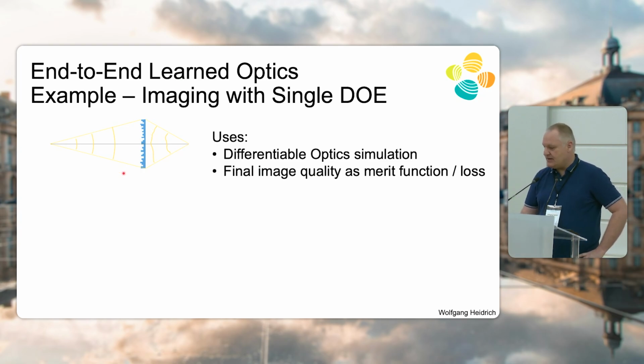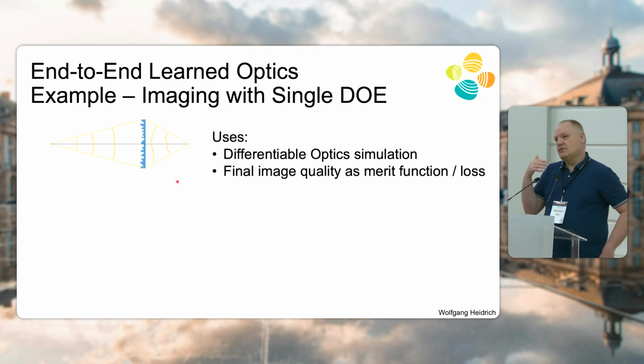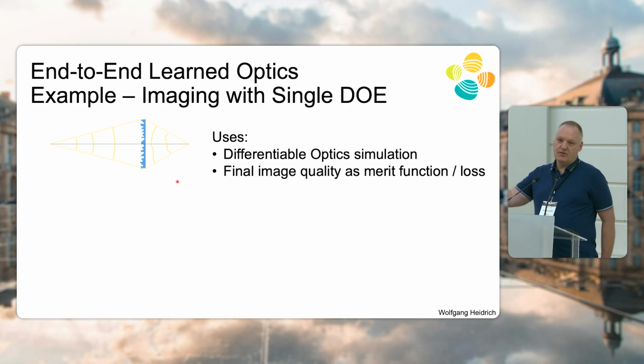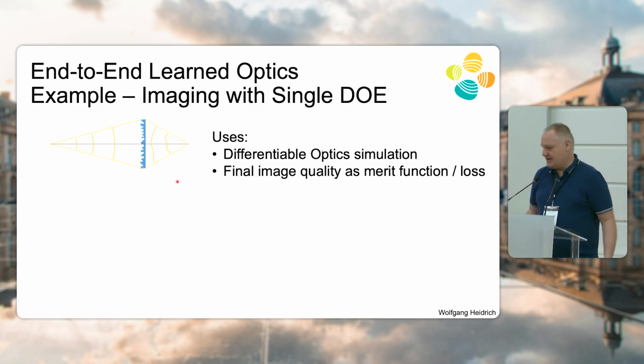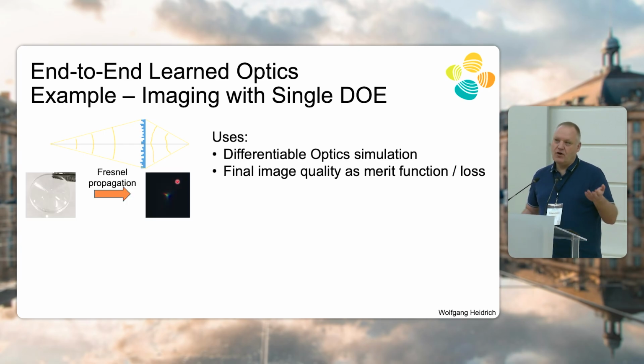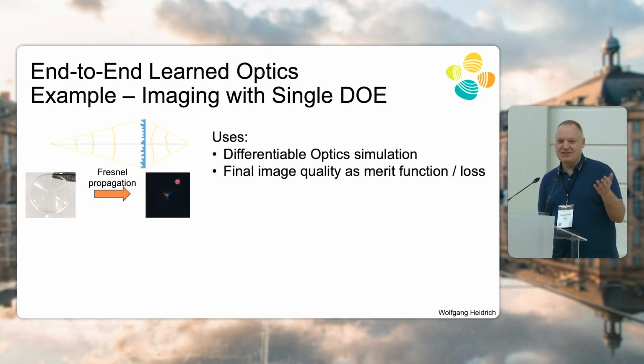If you know optics, you know you can make a very good lens for a single wavelength, but if you want to do imaging across the whole visible spectrum, you have trade-offs, and then how do you design that, right? The way this works is, you have a forward simulator, and spoiler alert, that's going to be differentiable, okay?